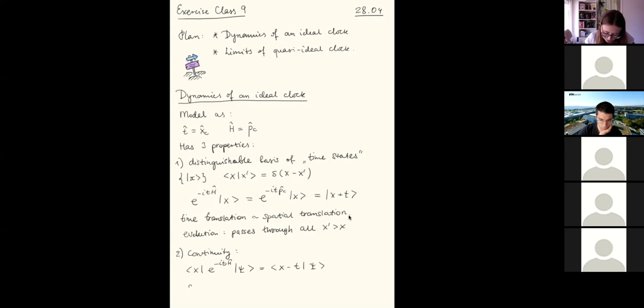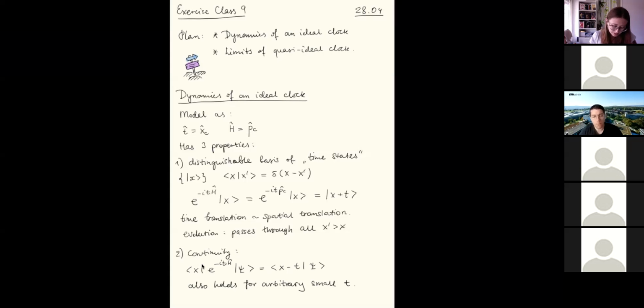And this also holds for arbitrarily small t. So what continuity means in this sense is that we can translate by as small times as possible. So in a sense, time flows continuously.